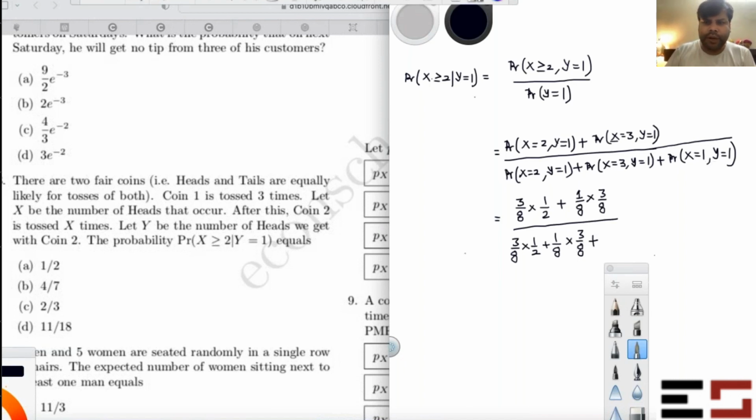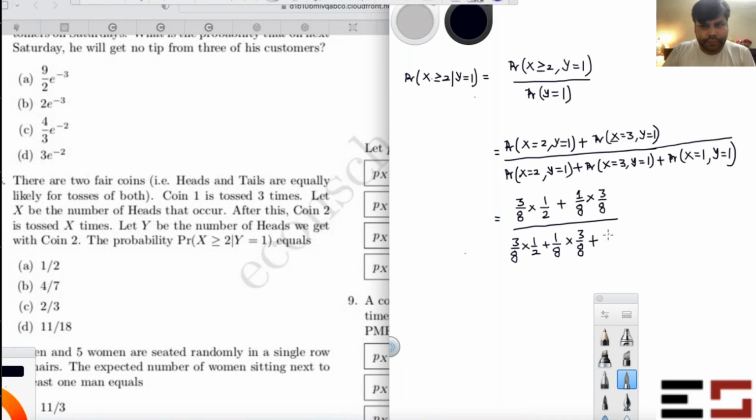What is the probability that x equals 1? 3 by 8. And what is the probability that y equals 1 given that x equals 1? Half.